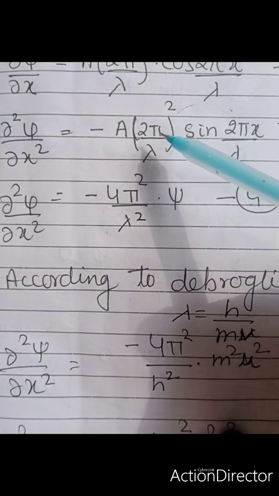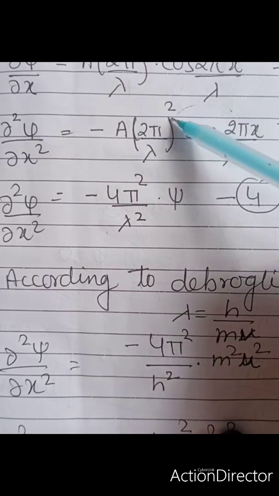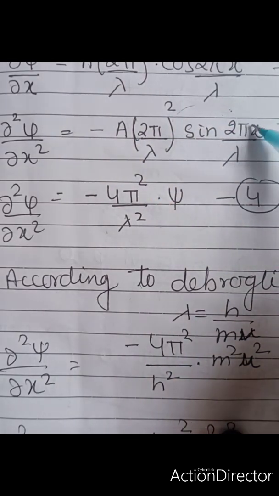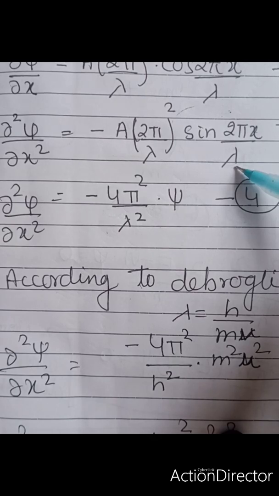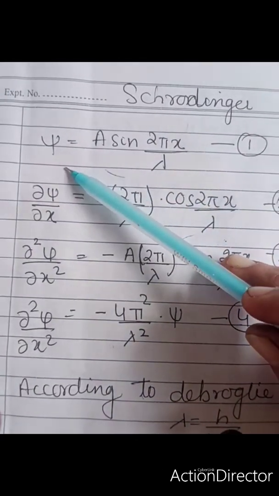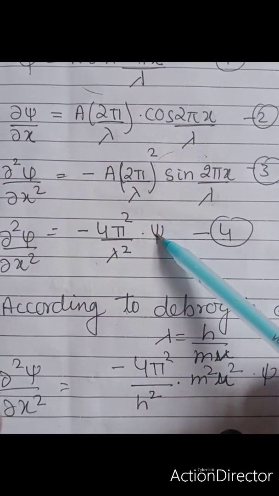Now if you see this equation, let us first solve the square. That will be 4π² upon λ², and A sin 2πx by λ we have just mentioned is nothing but psi. So I will be replacing this whole by psi.